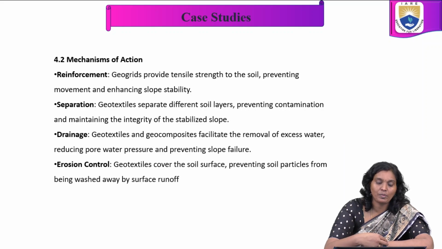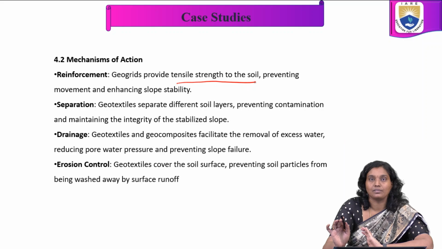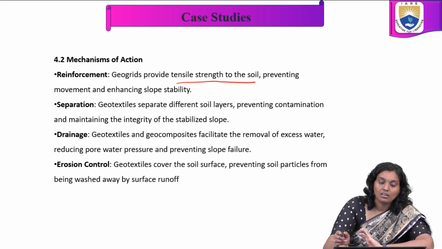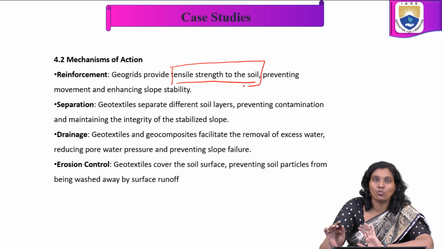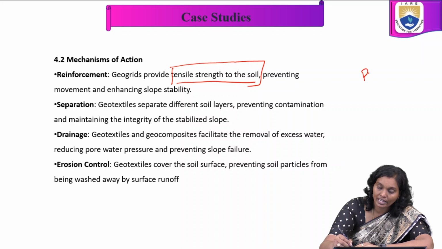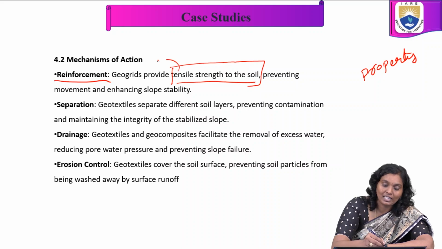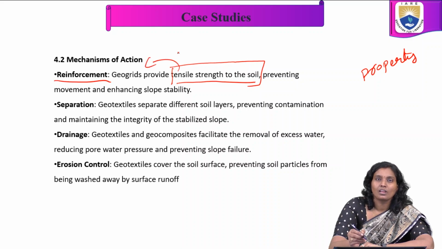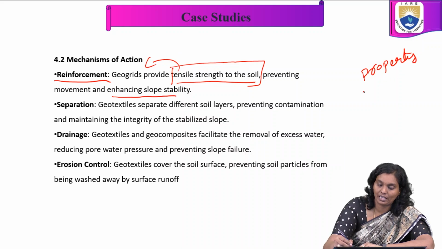In reinforcement, geogrids provide tensile strength to the soil. It means preventing movement and enhancing soil stability. So reinforcement is nothing but tensile strength, preventing movement and enhancing slope stability.